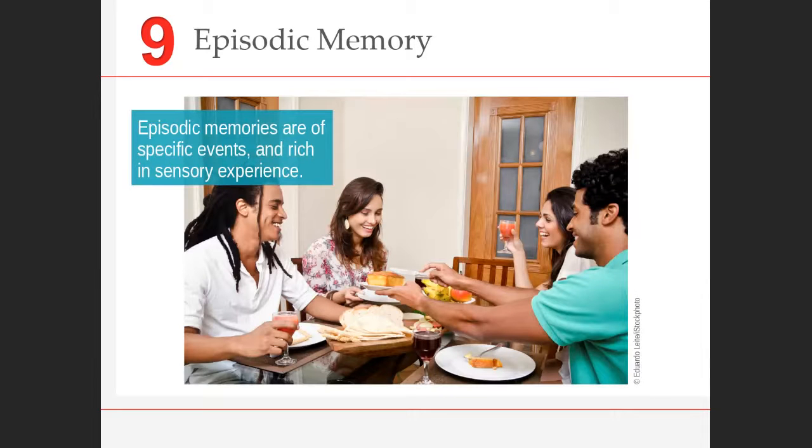Now, episodic memory, they're episodes of things that happen in our lives. And the more sensory experience we have, the more likely we are to store that information and recall it later.